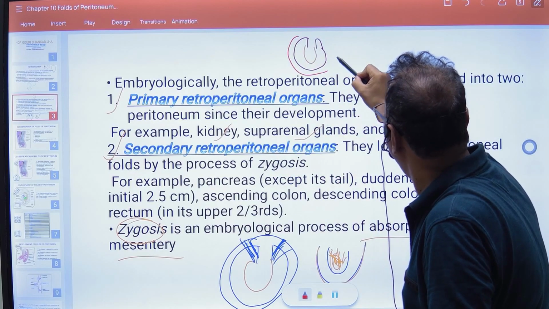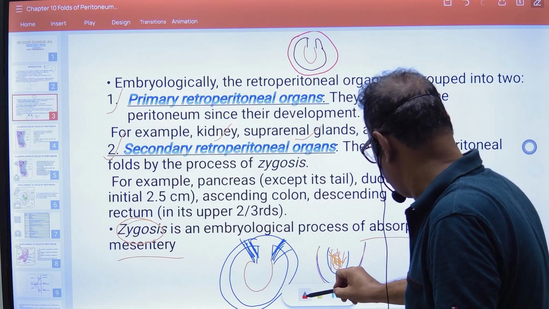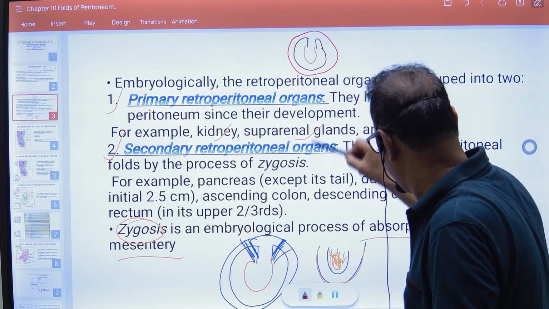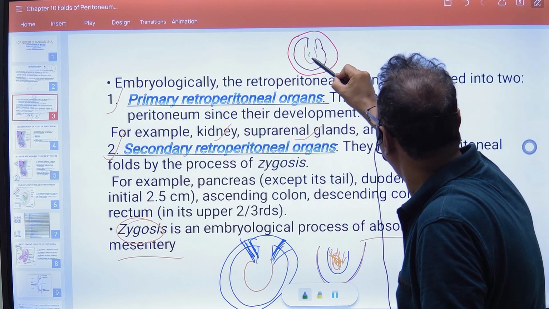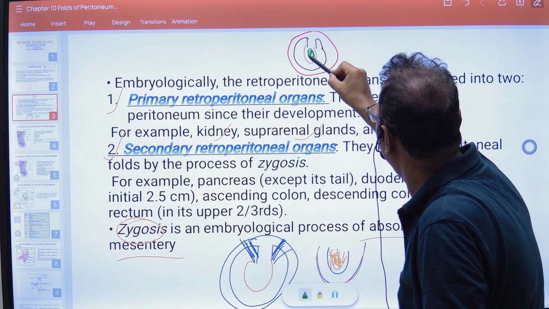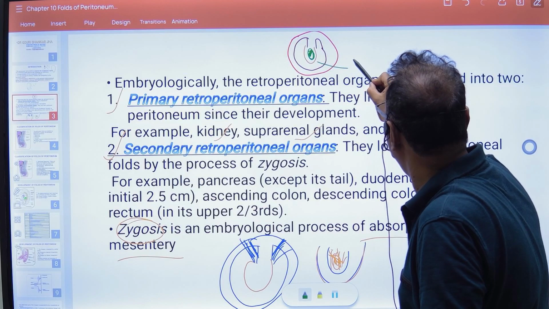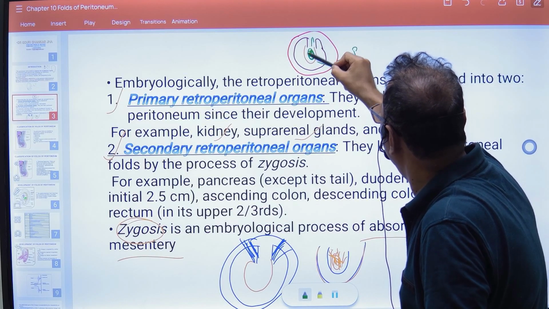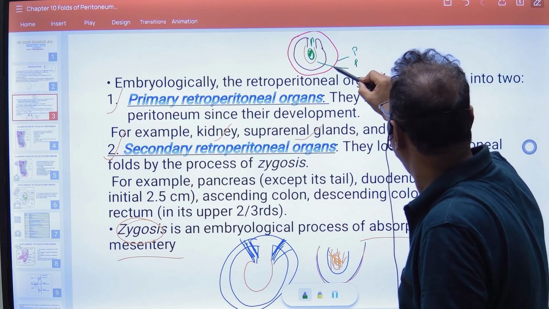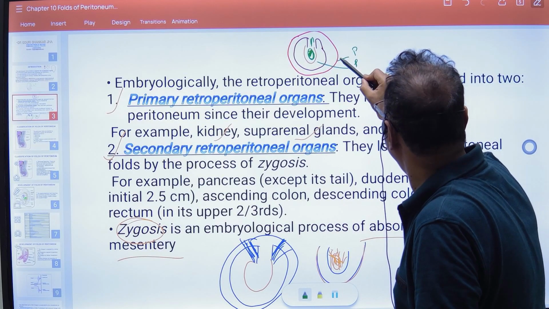This is the body wall. Here we have got the organ situated over here. This is the visceral peritoneum. This is the parietal peritoneum. And this is the artery, vein, and nerve which is coming over here. And this one is the body wall.